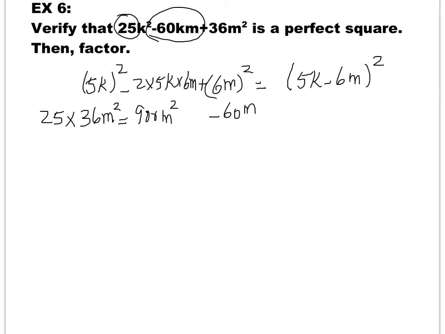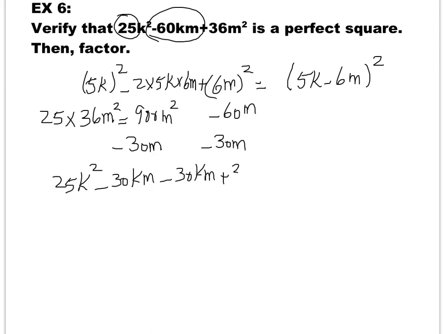Again, find two numbers that add up to negative 60m, and the product is 900m squared. Those two numbers are negative 30m and negative 30m. So this means I can break the middle term into two terms. So I write 25k squared minus 30km minus 30km plus 36m squared.